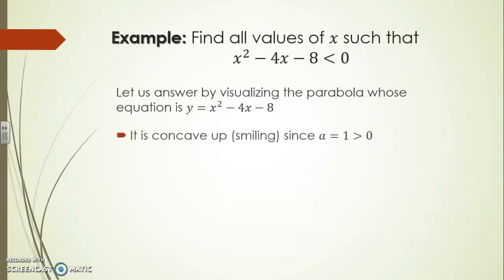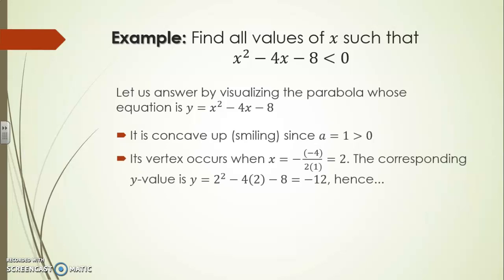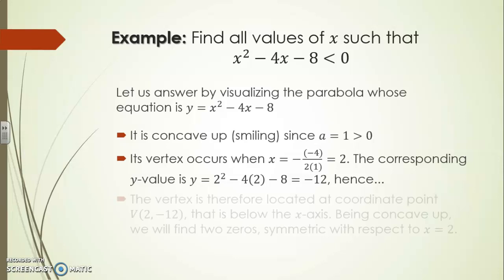It's definitely concave up, considering that a is 1 and therefore positive. The vertex will occur at an x-coordinate obtained from minus b over 2a, so minus 4 over 2 times 1. So the x-coordinate of the vertex will be at 2, and the corresponding y value is obtained by replacing 2 into the parabola's equation to get minus 12.